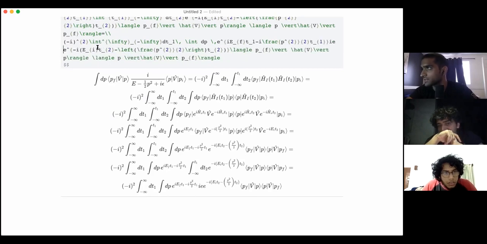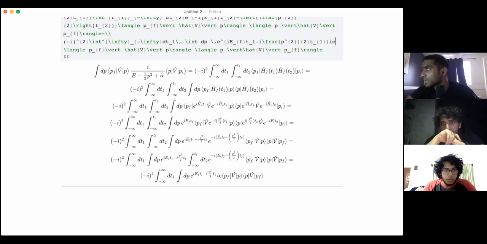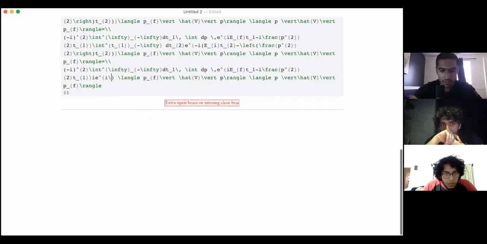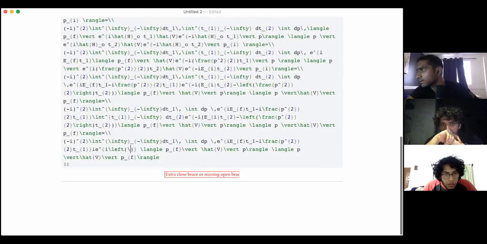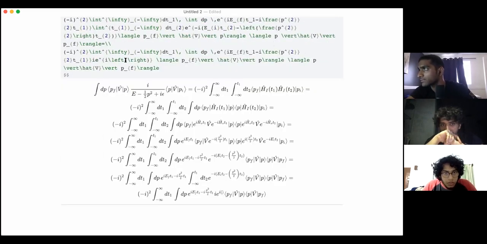So let me just erase all of this, and let's just remember that it's e^(i minus p squared over 2). Kill all this. E to the power i, left and right. Wonderful.